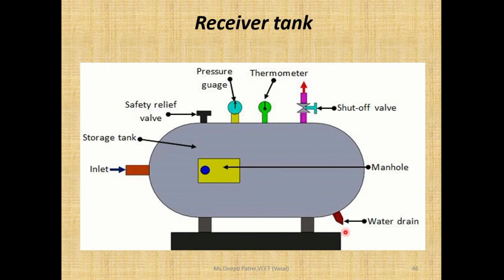So in order to drain that, a water drain is used. The manhole is used because in certain cases, suppose the water drain is not working properly, or the water accumulation increases, a manhole has been kept over here to observe that. If you observe, the receiver tank is elevated from the floor. A certain elevation has been given so that it will be easy for transfer from one place to another.